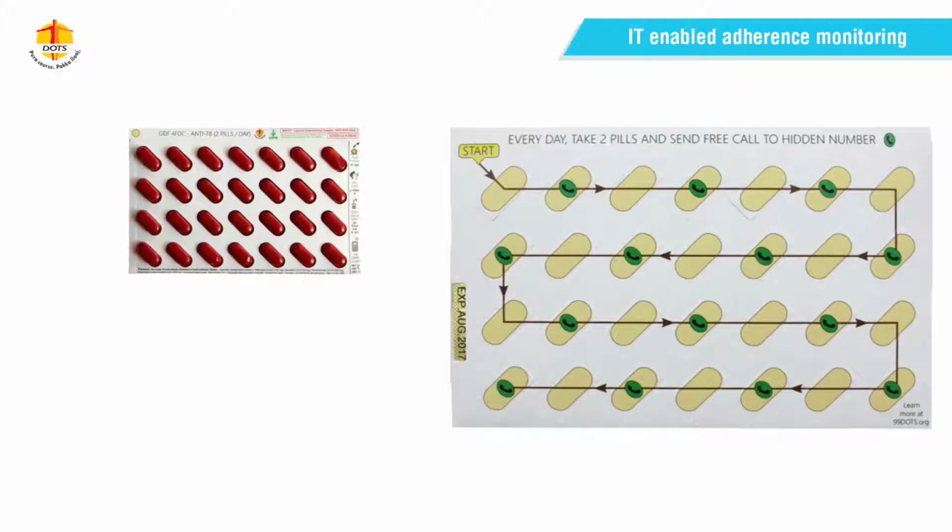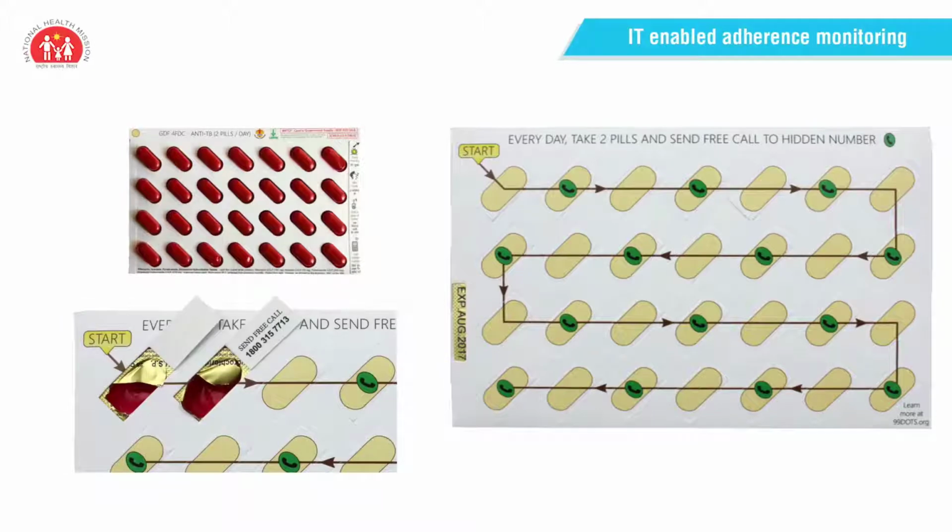So it also gives a direction on when to start and how to move and where to end to complete this particular strip. So if a patient has to take 2 pills, they would open the 2 pills, and behind the flap of one of the pills they would find a toll-free number.